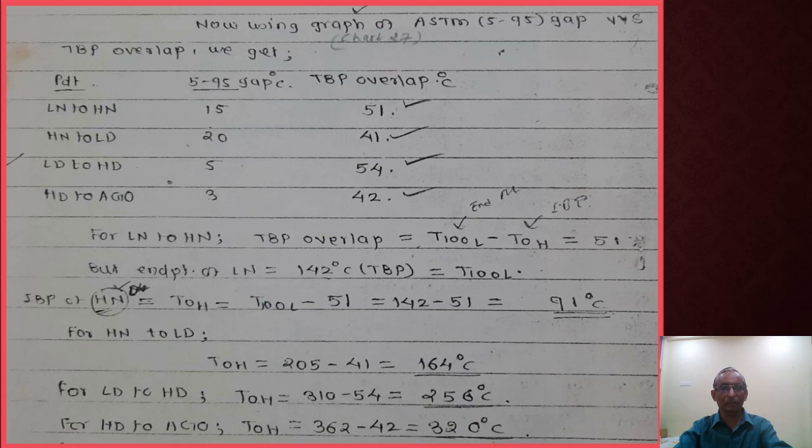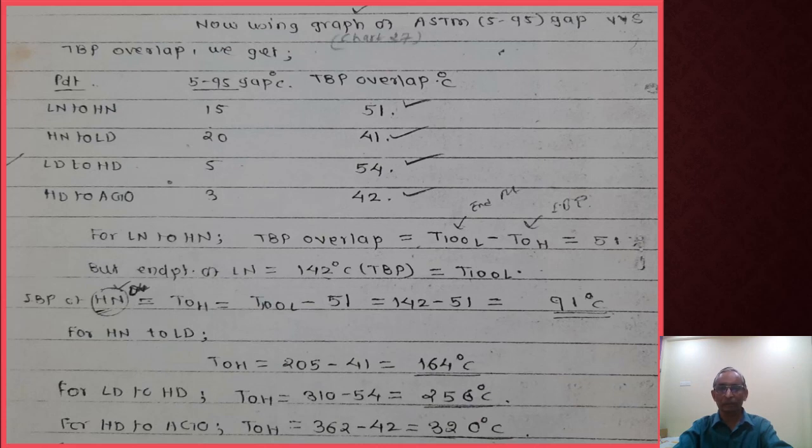The end point of light naphtha is given as 142, that is T100L. This was found in the last slide. So T100L is 142.